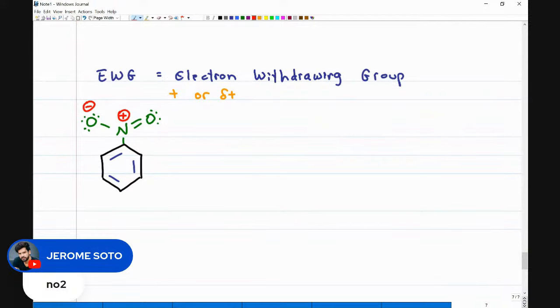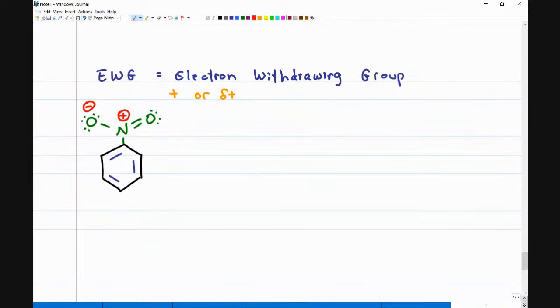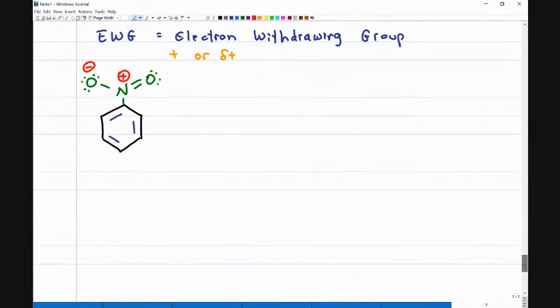That's a positive charge. Even though the nitro group is neutral, there's a positive charge sitting right there next to the ring. If I try to do the same reaction, let's react once again with Br2 in the presence of FeBr3. And let's see what happens, not to the product.